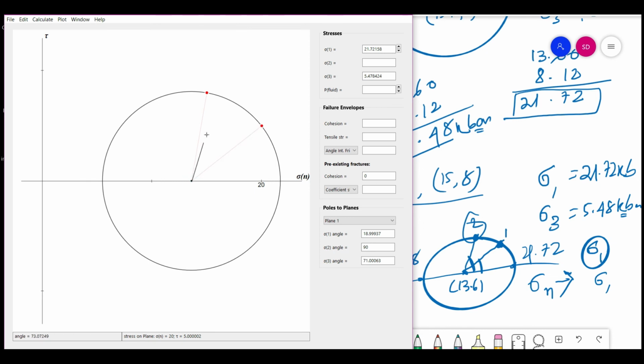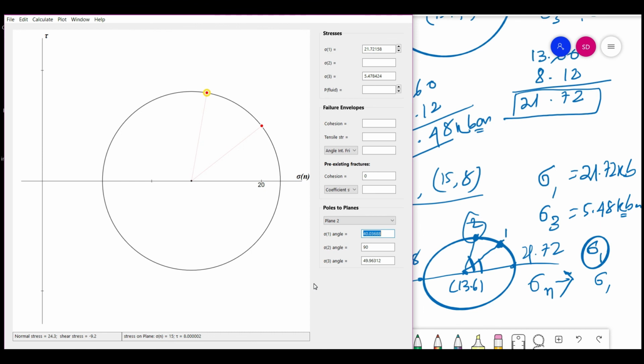For plane number 2, if we do the same, we get 80.09998, and by dividing it by 2 we get the angle, that is 40.03, obviously. These things we have already discussed in lecture videos number 1 and 2.